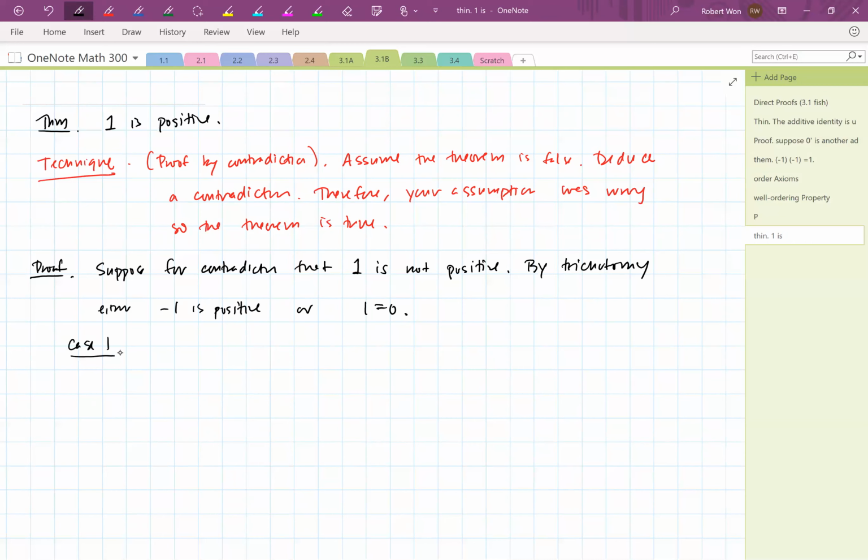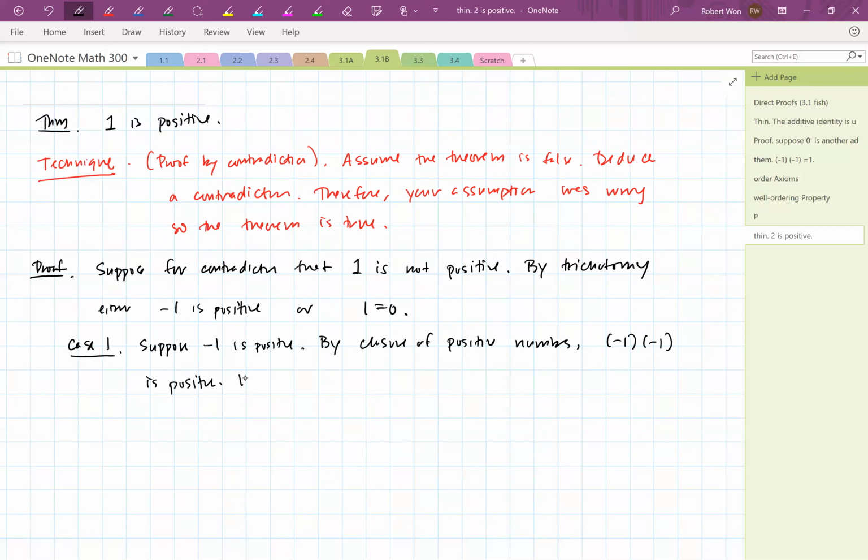Okay, so let's break into cases. So case 1, suppose negative 1 is positive. I'm going to reach a contradiction. Okay, now by the closure of the positive numbers, negative 1 times negative 1 is positive, because if you multiply two positive numbers together, you get a positive.